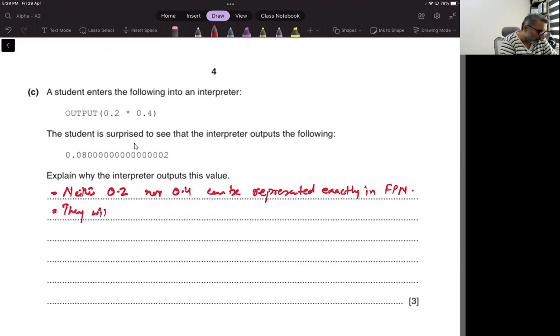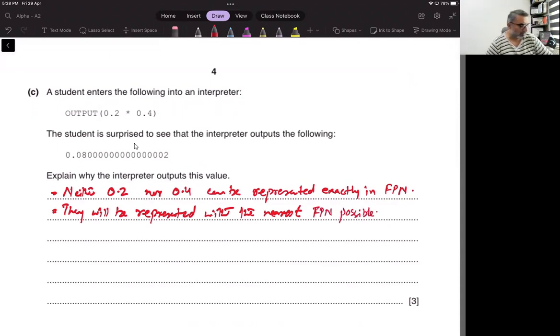They will be represented with the nearest FPN possible.